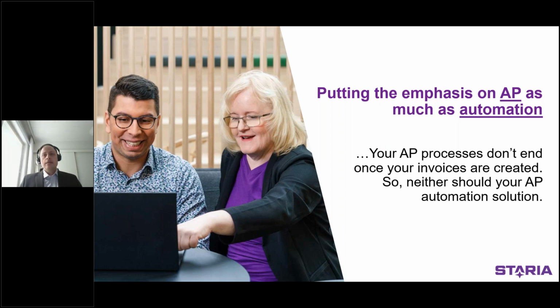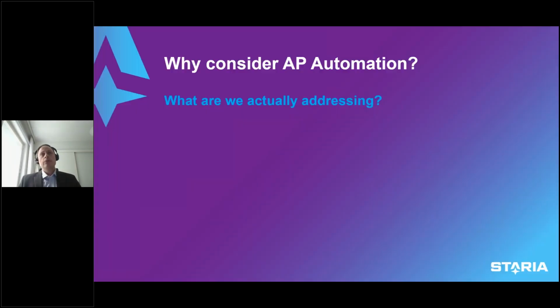And as the next one, what we want to discuss with you is why to consider AP automation. So why is this topic important? Well, what we are addressing, as a first topic, is efficiency. What many people do not understand or maybe don't see so vividly is that in many use cases, AP processes require quite a lot of employee time.